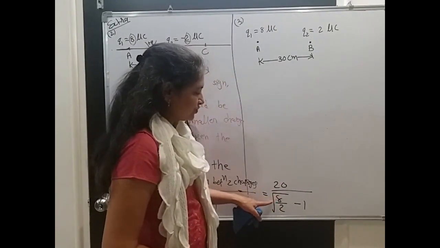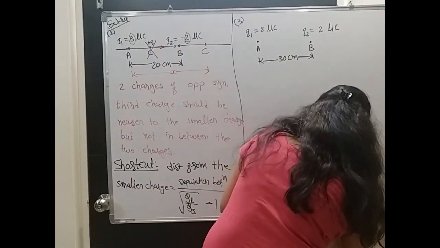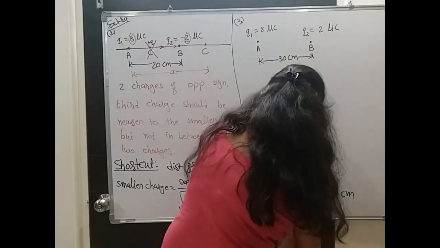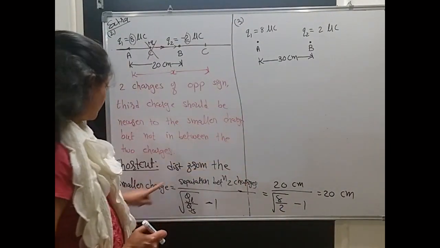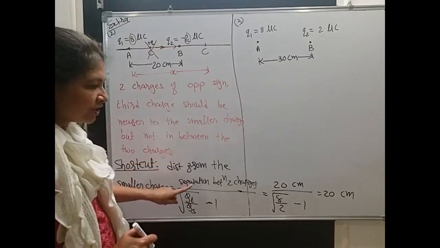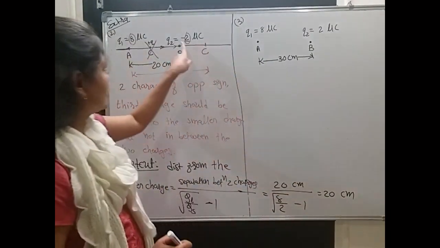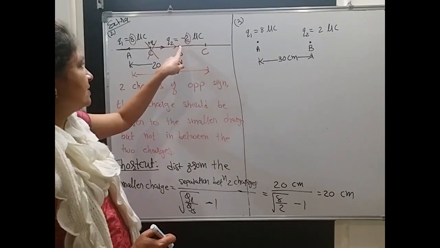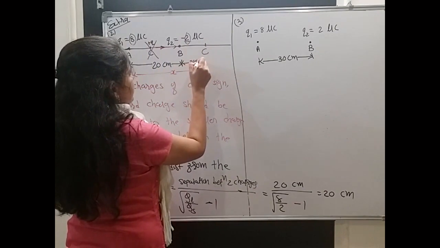Square root of 4 is 2. 2 minus 1 is 1. So the answer will be 20 centimeter. So the third charge should be kept at a distance of 20 centimeter from the smaller charge. The smaller charge is this one, so this distance should be 20 centimeter.